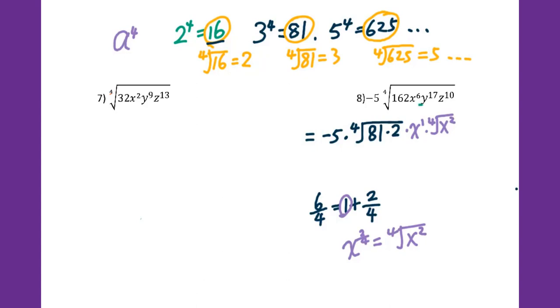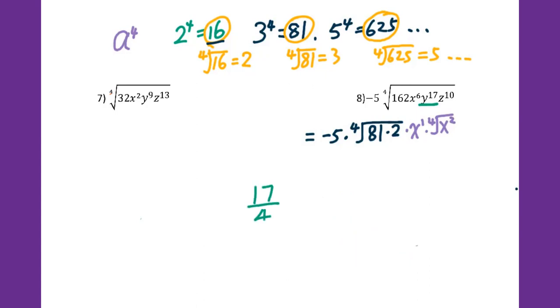Now let's go to y to the 17th power. So 17 divided by 4. Mix the fraction, you will get 4 plus 1 over 4. So you will get y to the 4th power times the 4th root of y to the 1st power. Therefore, I write down y to the 4th power times 4th root of y.